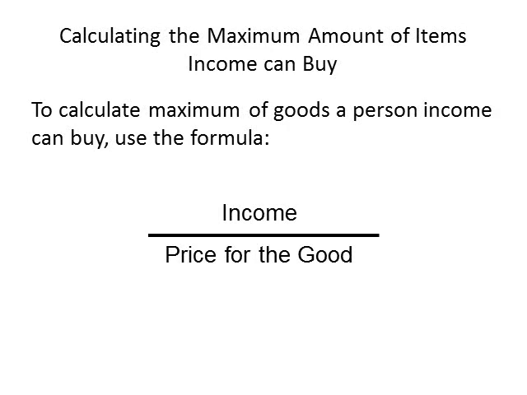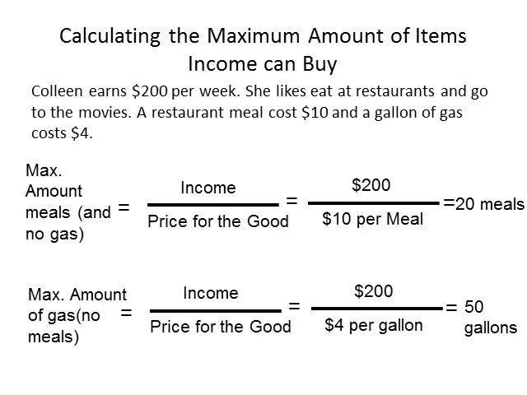The formula for calculating the maximum amount of goods that an individual is able to purchase with a given income is income divided by the price of the good. Let's look at an example of budget constraints. To calculate the maximum amount of each good that Colleen could purchase, she would need to divide her income by the price of the good.